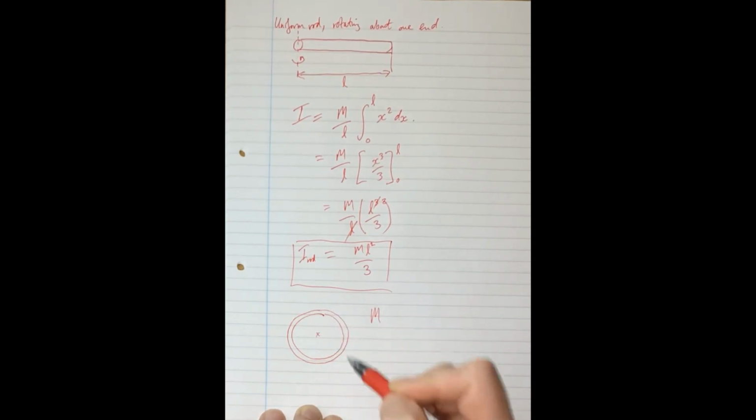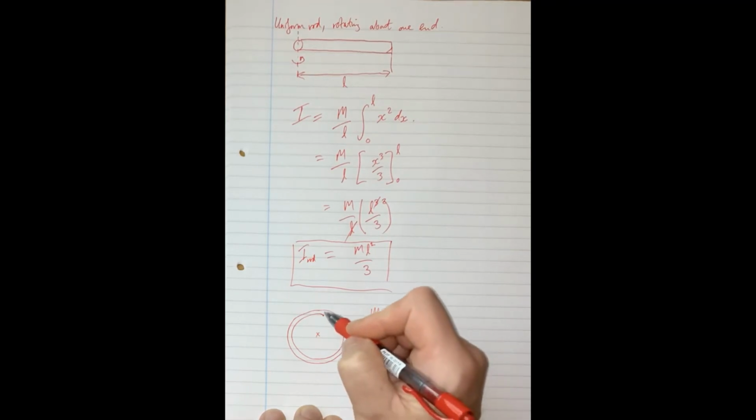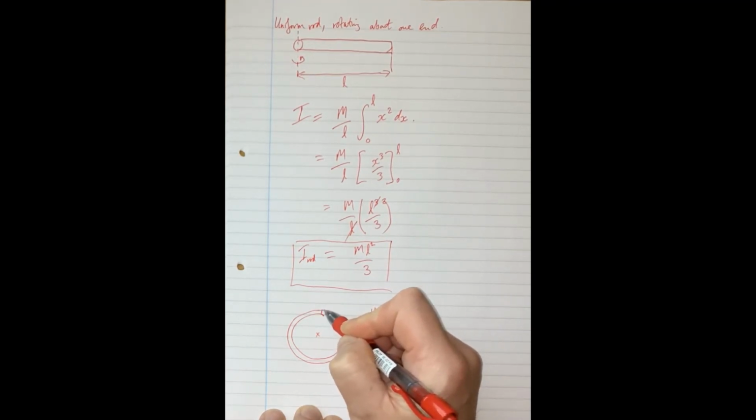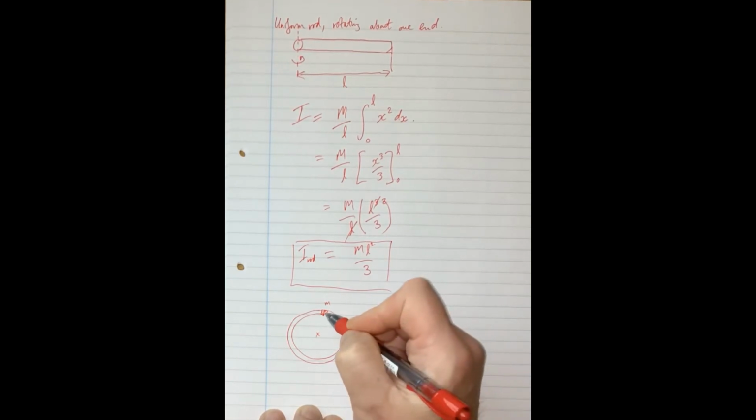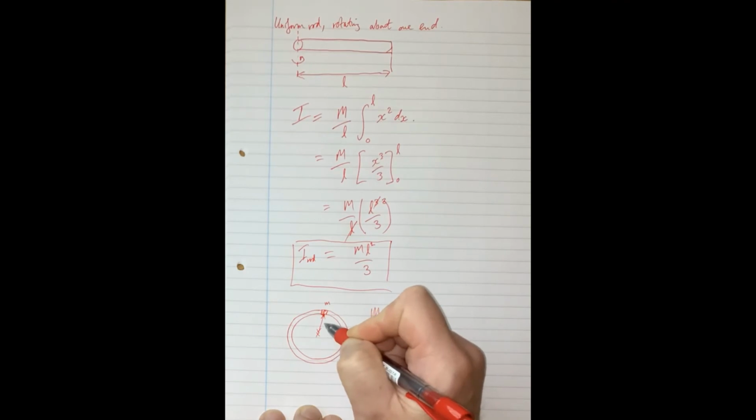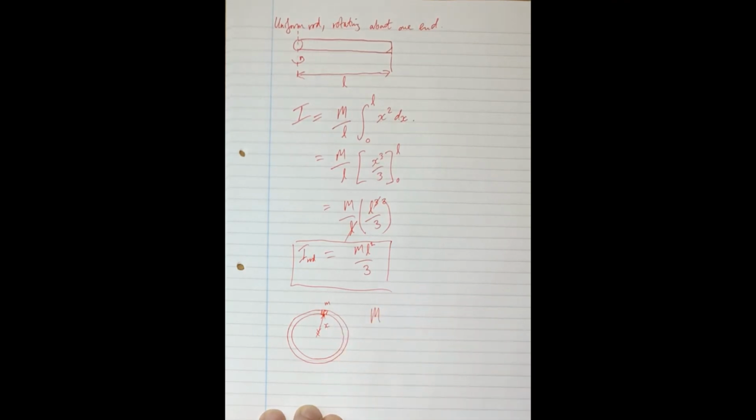It's going to be rotating about the center, and as before, we can think about a little element m, but every single little element m is always going to be the same distance away from the center of rotation.